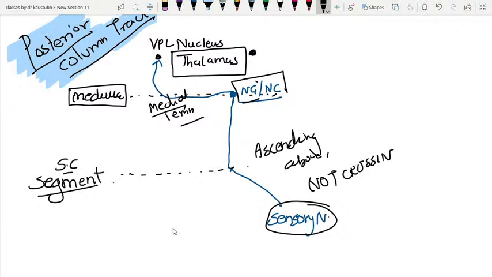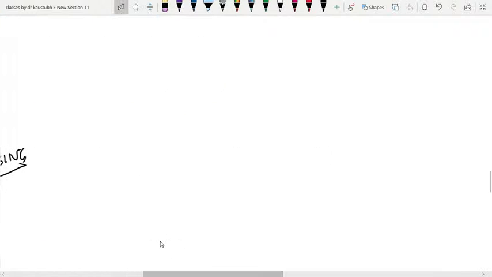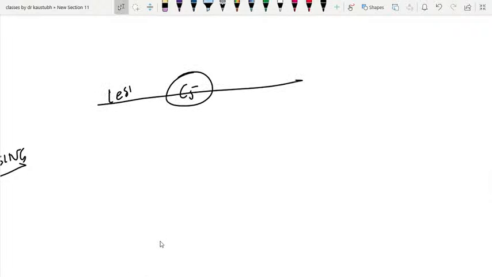So please remember that until your medulla, posterior column tract fibers are not crossing anywhere. So if I take the same thing, a lesion at C5, what will happen? The posterior column tract above will remain normal at the level of the lesion. What will happen?